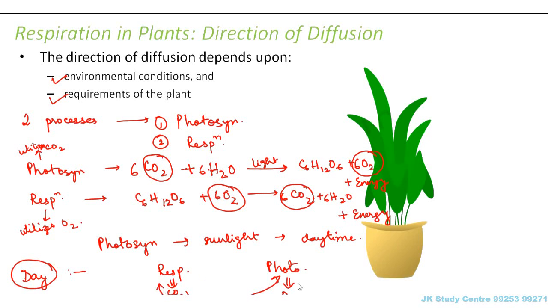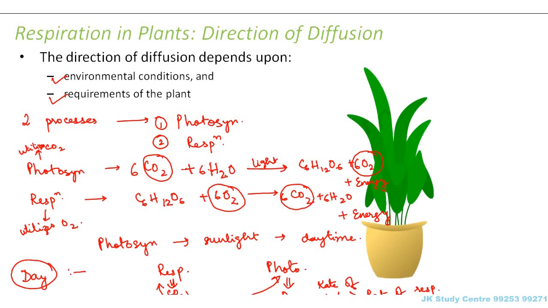But during the daytime, the rate of photosynthesis is greater than the rate of respiration. That means photosynthesis happens faster than respiration. Now, if photosynthesis happens faster, more oxygen will be released when compared to carbon dioxide.